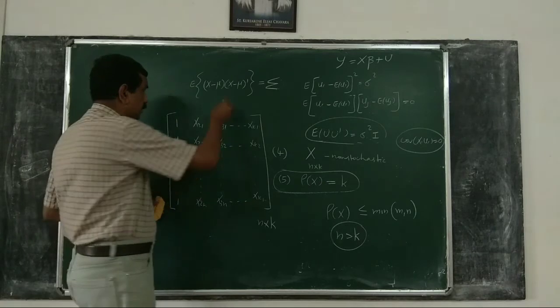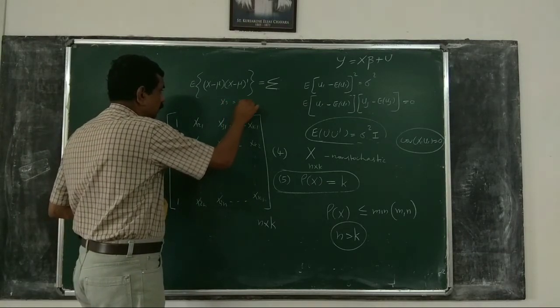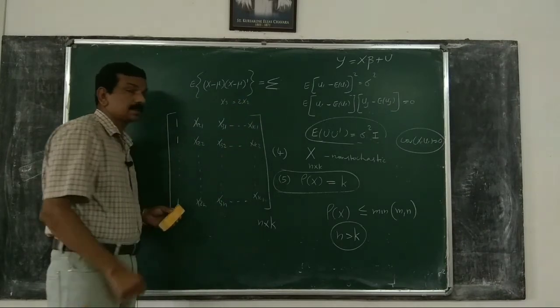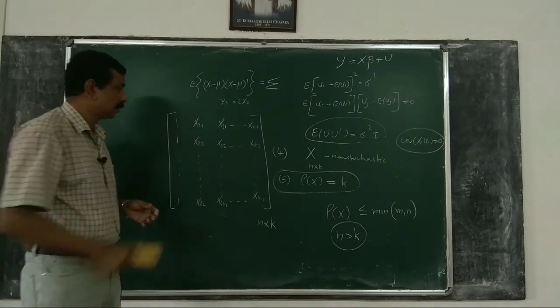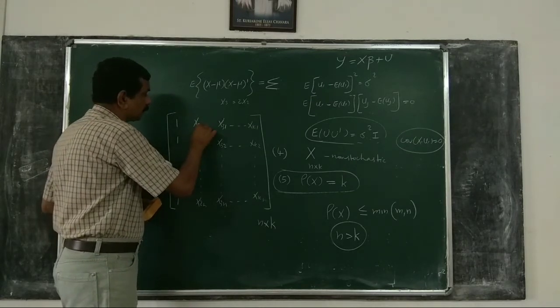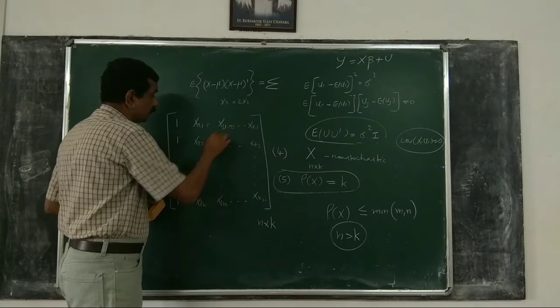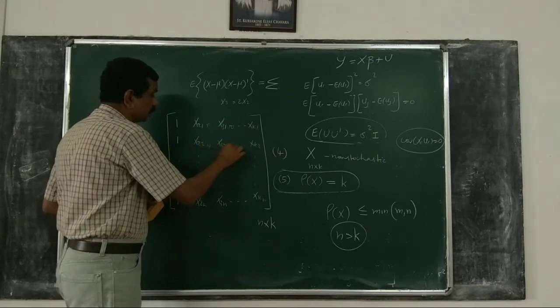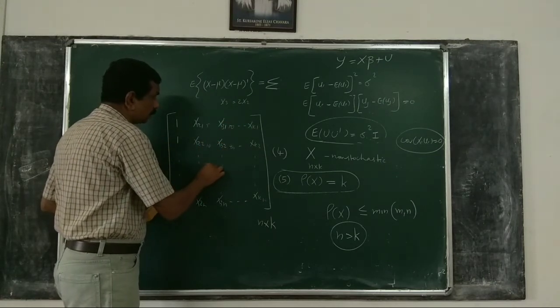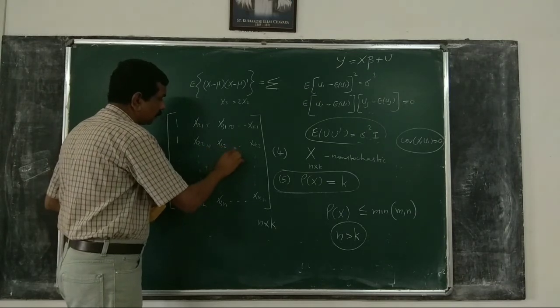Suppose that there is a relation like this: x3 is equal to 2x2. In that case, if x2 is 5, x3 becomes 10. If it is 10, 20. If it is 20, 40.